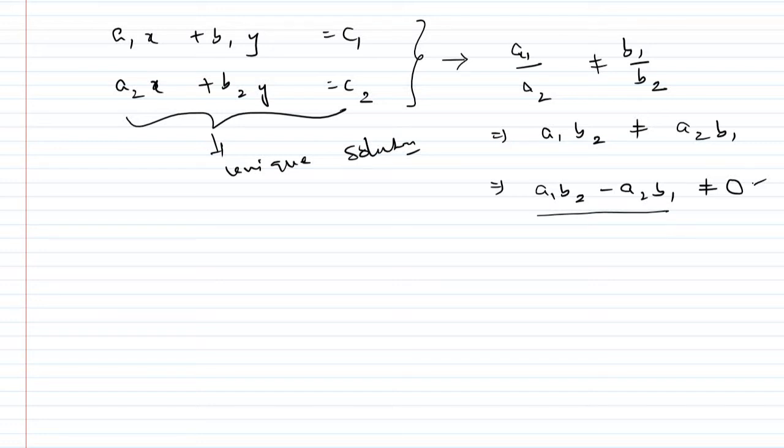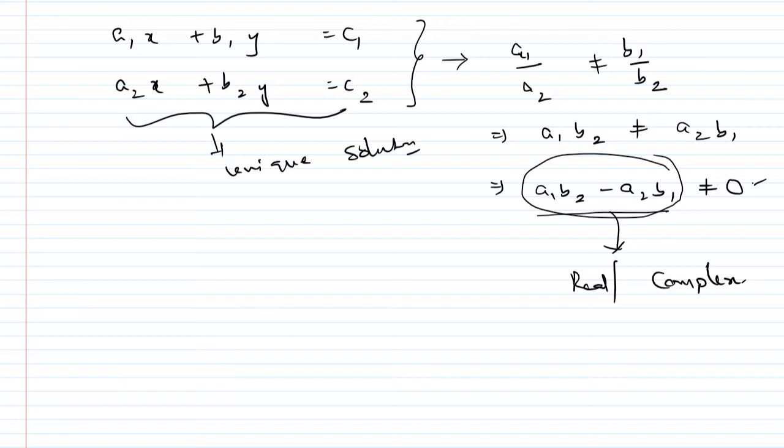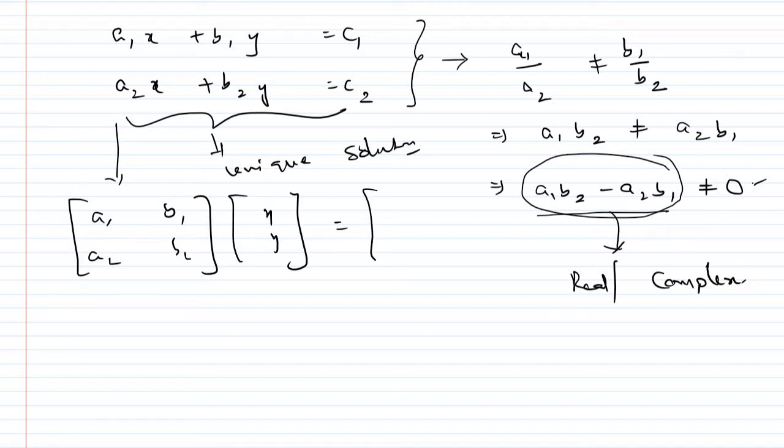Yes, sir. So if you simplify this, a1, b2, a2, b1 are coefficients, so we'll get either a real value or a complex number. This pair of linear equations can be expressed in matrix form: the coefficients a1 b1 a2 b2 into the matrix x y, and the resultant is the matrix c1 c2.